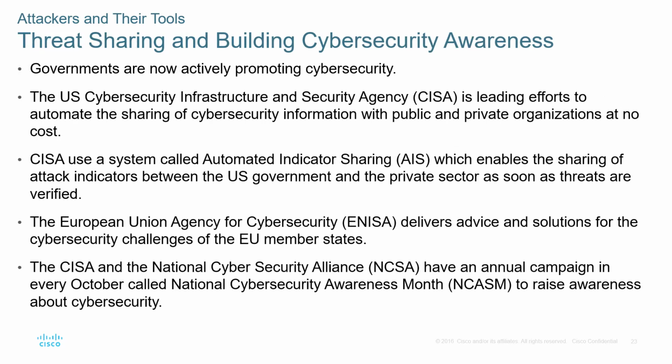The nice thing is we also have organizations that share information. We have things like CISA that uses the Automated Indicator Sharing system. Basically, it shares things between government entities. We have the European Union Agency. We have the National Cybersecurity Alliance Agency. We have the National Cybersecurity Awareness Month that raises awareness about cybersecurity.